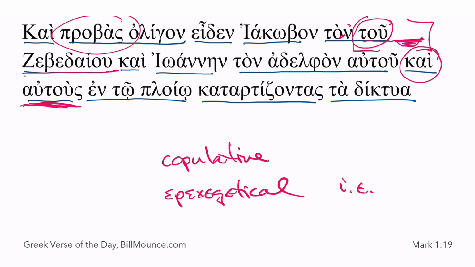And so when you have the autous here, contextually it seems to be that the autous is James and John, and the kai is epexegetical. Of course, Jesus could have been talking to these two individuals, and there were other people in the boat, but it was clear that he was speaking directly to James and John. And so when he called them, James and John, they followed him. But anyway, that's how kai can function.